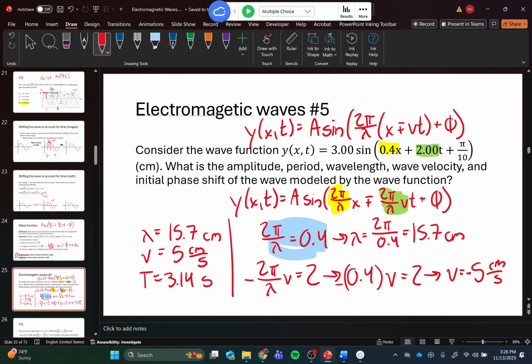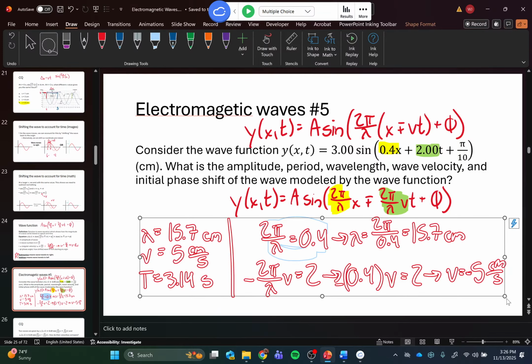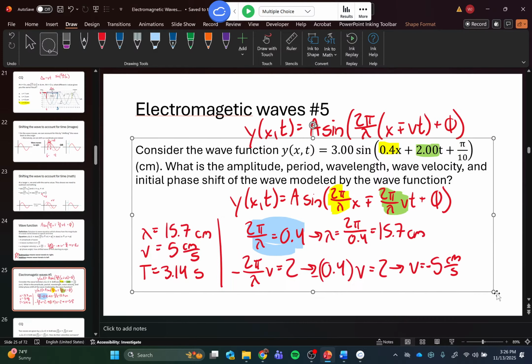The period: there's a couple ways you can go about this. Funny enough, the way I did it is I re-derived it. What is period? It's the time it takes for one wave to pass. I'll mention both ways. The first way is to derive the expression using our physics 1 knowledge.